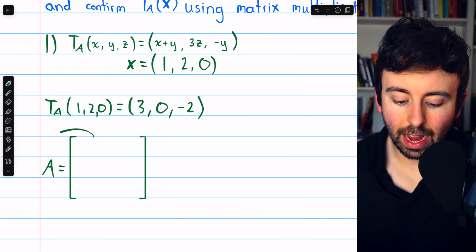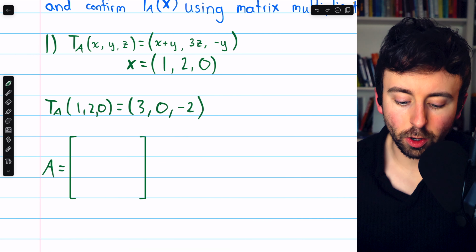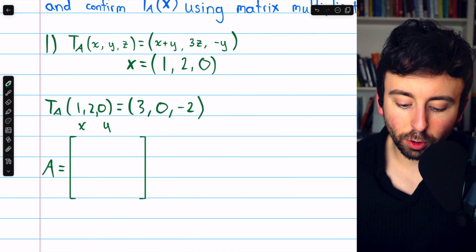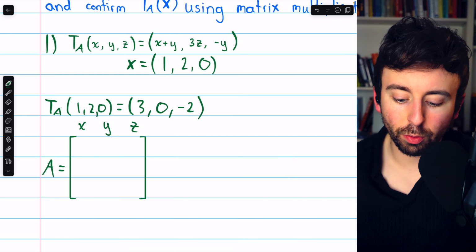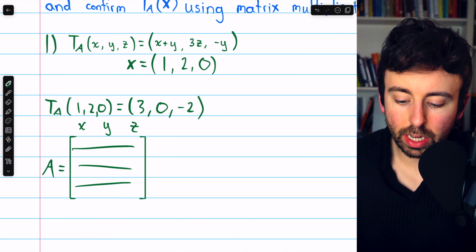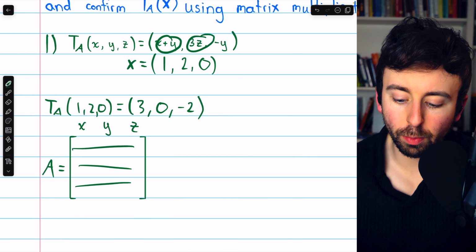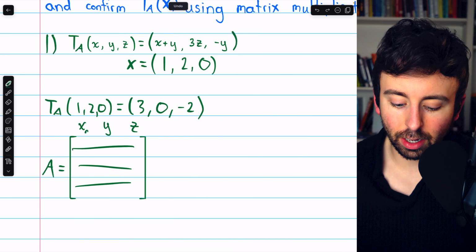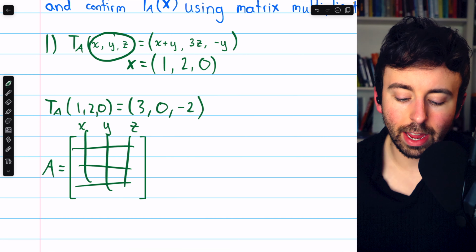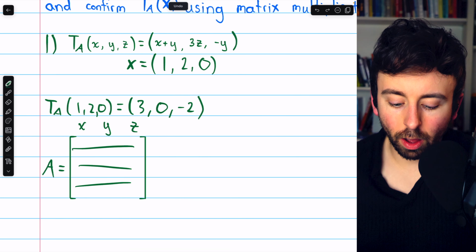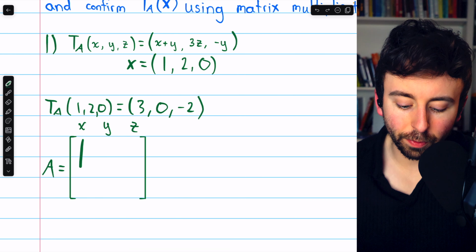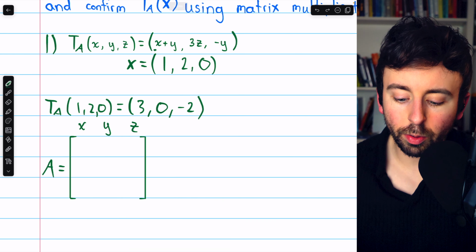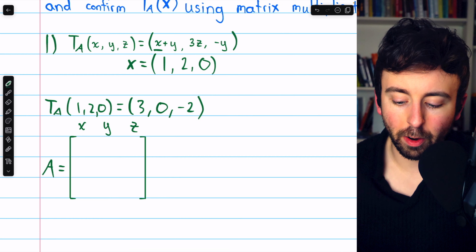To find the standard matrix A for this linear transformation, we just create a matrix that is 3 by 3. We need 3 rows for the 3 output values, and we need 3 columns for the 3 input variables. Then all we have to do is, in the first column, put the coefficients of that first variable x.